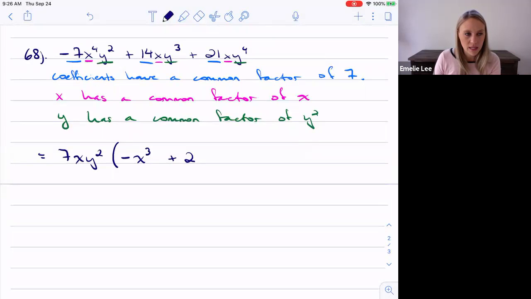I pulled out one x and two y's, so I need y. From 21 divided by 7 puts me at 3. So plus 3. I pulled out that x, and then y to the 4, I pulled out 2 of those 4, so y squared.